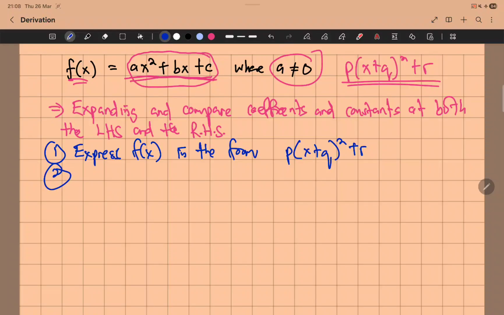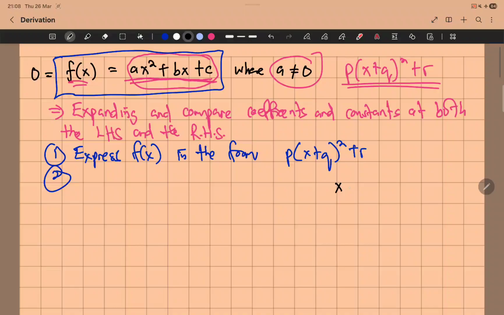Then after that, we are going to show how this f of x, when it's equal to 0, can reduce to x equal to minus b plus or minus square root of b squared minus 4ac all over 2a.